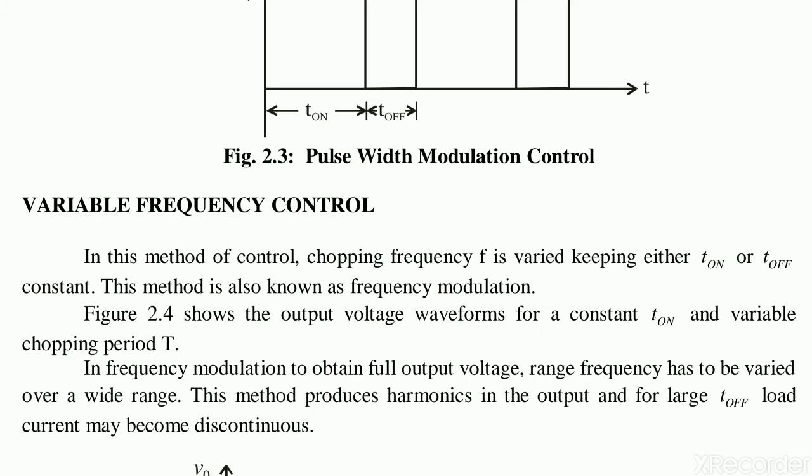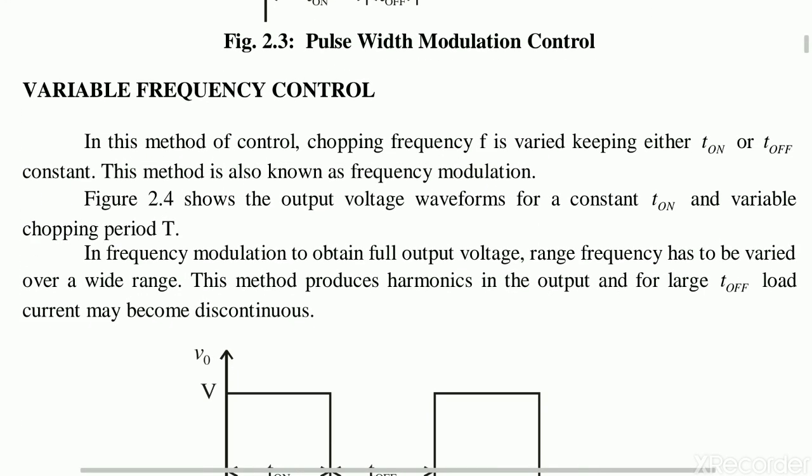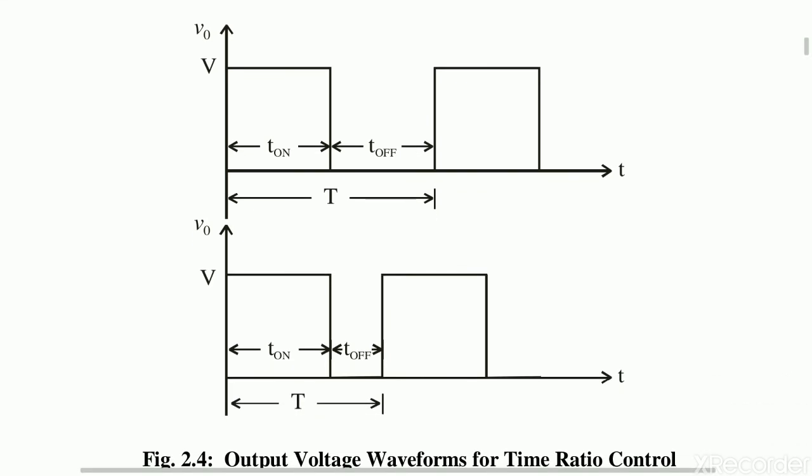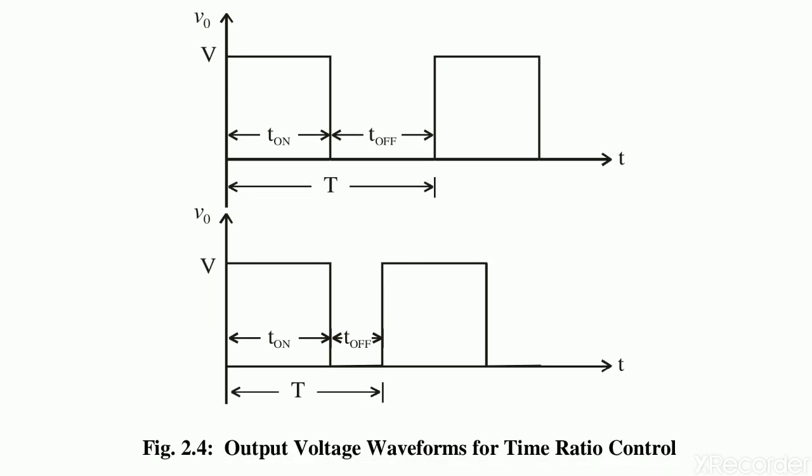One can see the operation of this method from this waveform. There are two waveforms of the output voltage. The T on period is constant for the first waveform and T off period is also constant. We get output voltage only for the T on period and there will be no output voltage for T off.